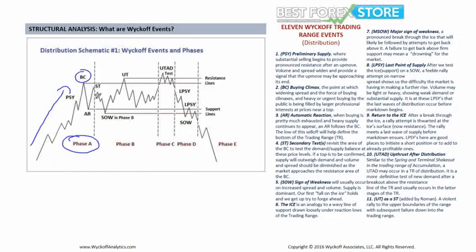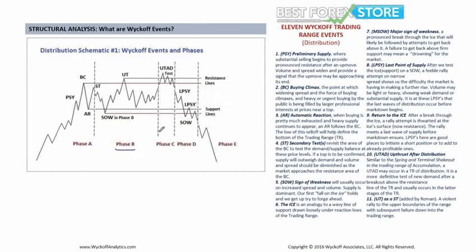So another way to identify climactic action is actually after the fact, on the change of character of the automatic reaction. So change of character happens and we are assuming that we're going to go into the non-trending environment after the trending environment, and therefore, as we assume that non-trending environment has started, we're doing our phase analysis.